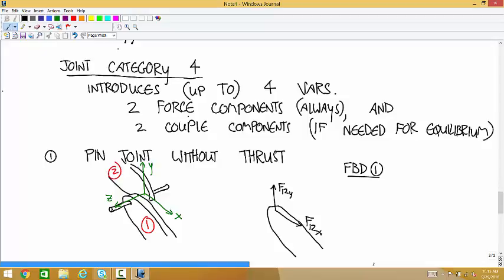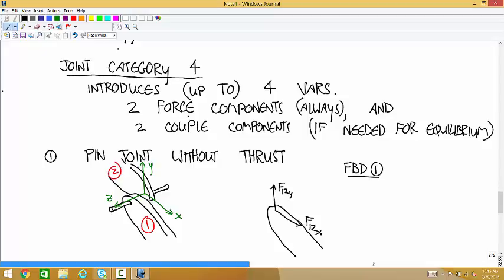Okay? And so the axis of rotation, when I'm trying to rotate the top piece towards you, is an axis in this direction. So we know there's a couple in that direction. And if I try to twist it, that's an axis in this direction. So we know there's a couple in that direction.